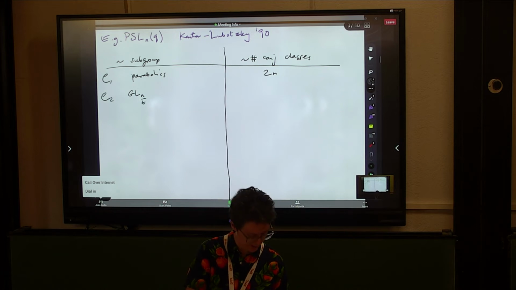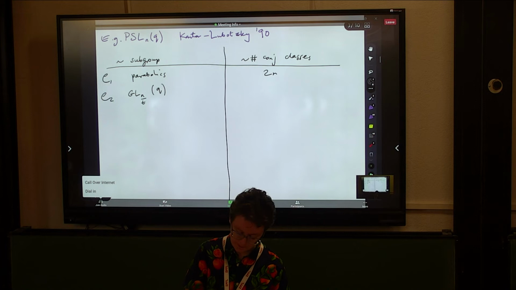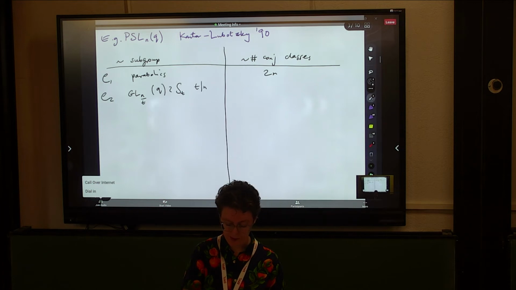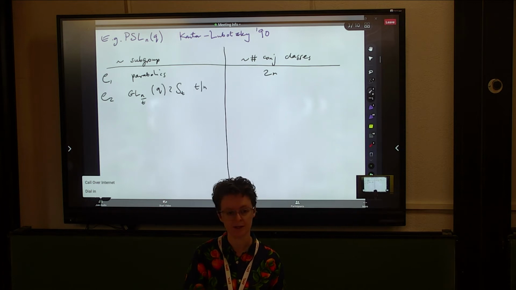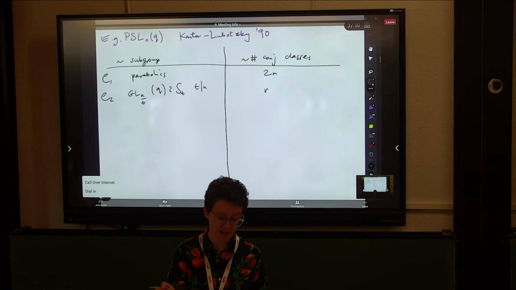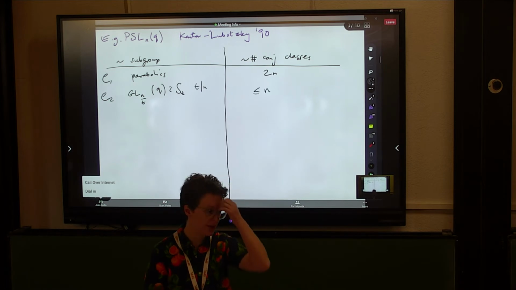So it's going to be something like this, and this is for t dividing n. So there's one class for each t. So how many classes are there? The number of divisors of n. And we can bound that above by n, something like that.